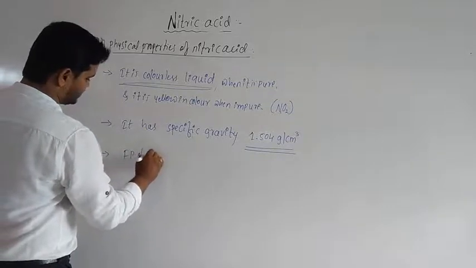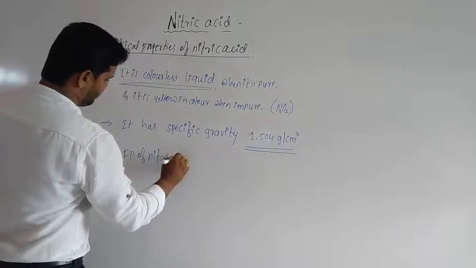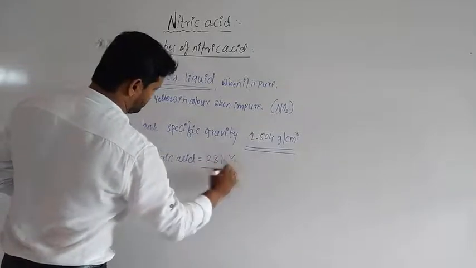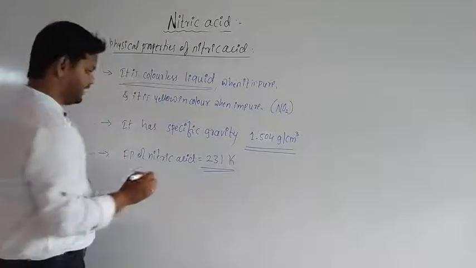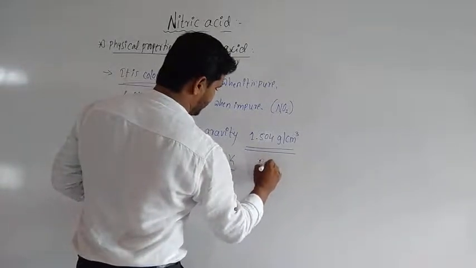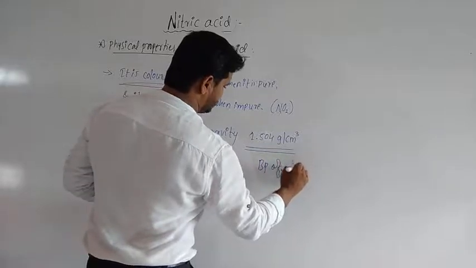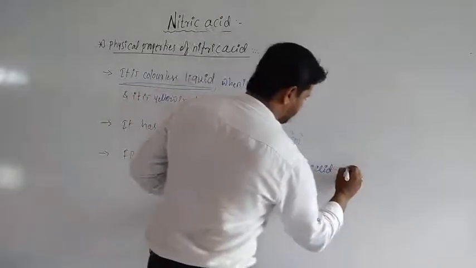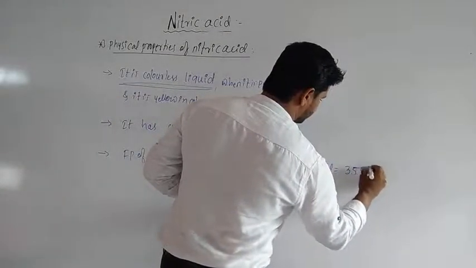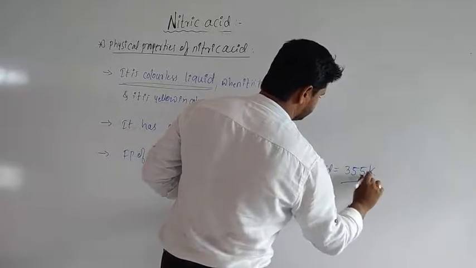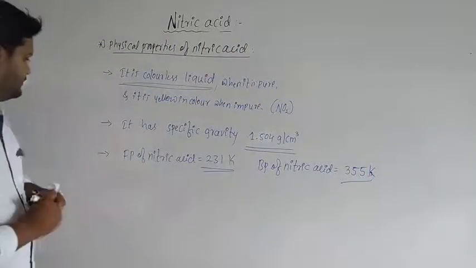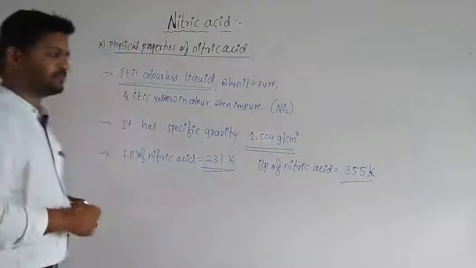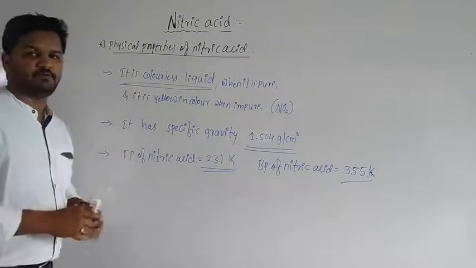Freezing point of nitric acid is 231 Kelvin, and boiling point of nitric acid is 355 Kelvin. Okay. Freezing point 231 Kelvin, boiling point 355 Kelvin. So this is about the physical properties of nitric acid.